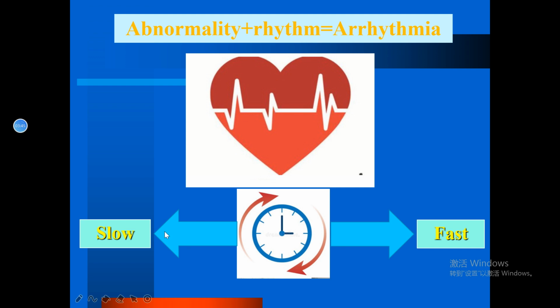It will produce some arrhythmia, including a slow heart rate or a fast heart rate. No matter whether it is a slow heart rate or a fast heart rate, we call it arrhythmia. It's just like a watch. If the watch works at a slightly slow speed, the time is not correct, right? And if the working speed is a little faster than the normal speed, it also shows the wrong time. It also shows arrhythmia for us.